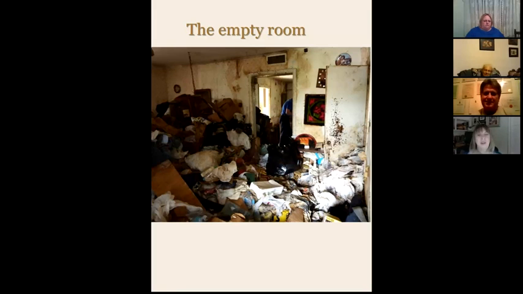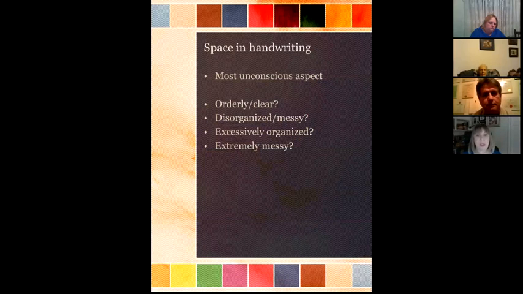And what I'm illustrating here is the layout of the writing. It's how you present yourself in your environment. So the spatial arrangement says a lot about how you present. So we're going to look first at space.